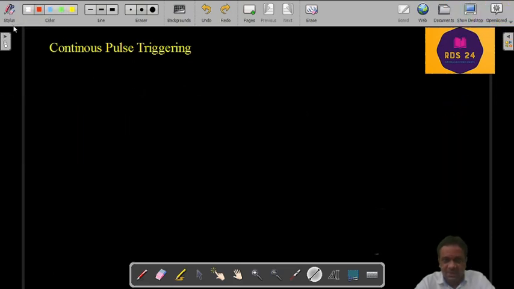Continuous pulse triggering and gate pulse triggering. Before coming to the gate pulse triggering, firstly we have to consider the continuous pulse triggering. What is continuous pulse triggering?